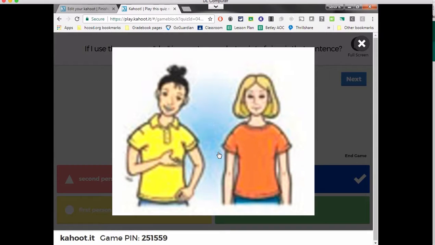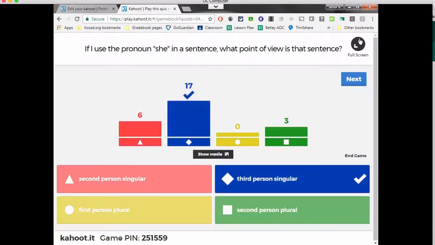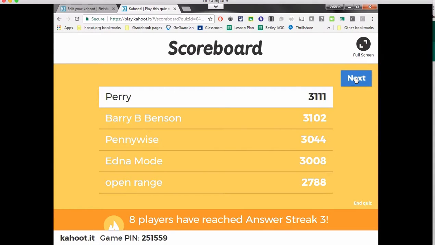See how she's facing away from the person, pointing to her, she. Must be Perry the Platypus doing well.